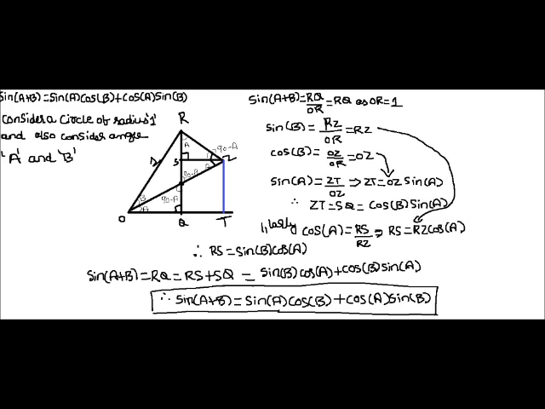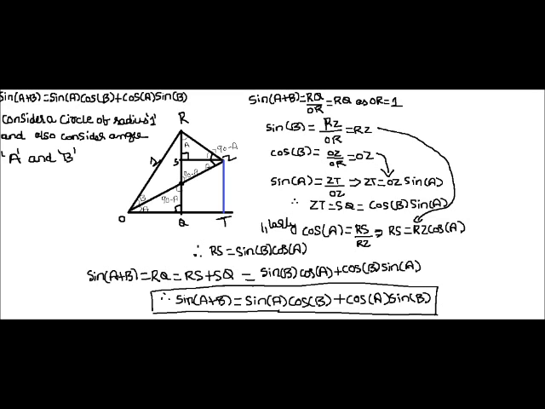So now let us define RS and SQ in such a way that RQ, which is our sine of A plus B, is expressed in terms of sine A, cos A, sine B, cos B. Sine B, if you see in the right angle triangle ROZ, is RZ by hypotenuse OR, which is 1 for our simplicity.